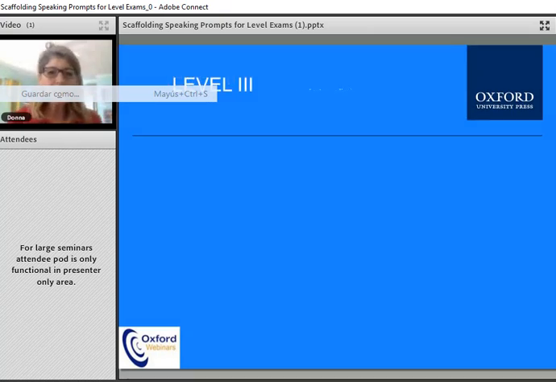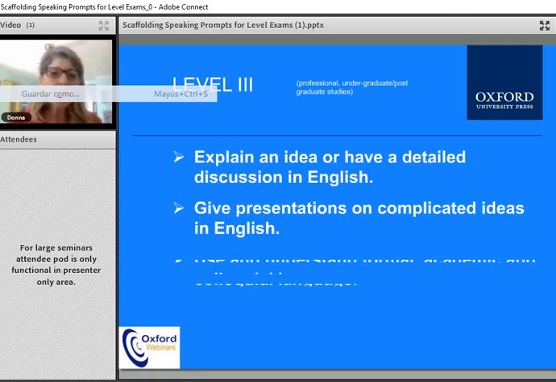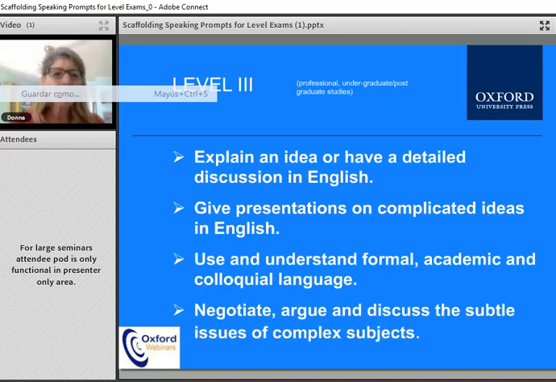And then we have level 3, and this is when they need English for professional, undergraduate, or postgraduate studies. That covers a lot of different things. And what's going to be expected in this type of exam? You need to explain an idea in detail with a lot of academic language, give presentations. Presentations is now a big thing in many of the exams.